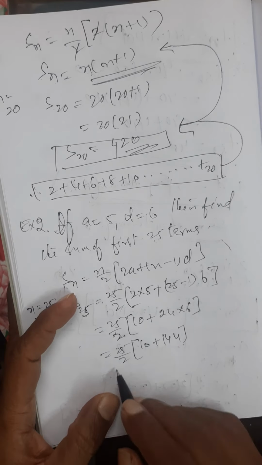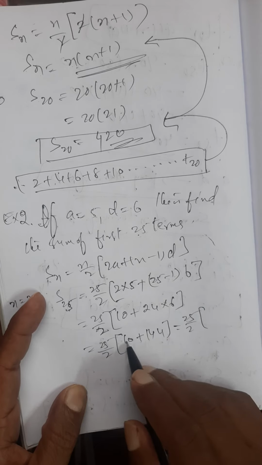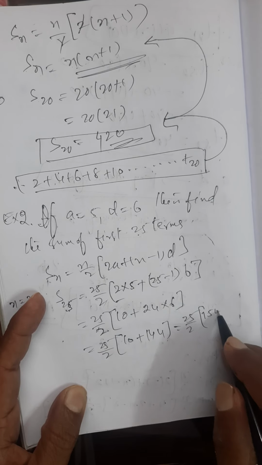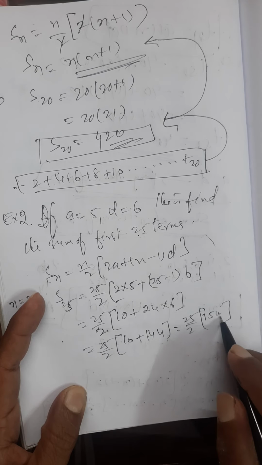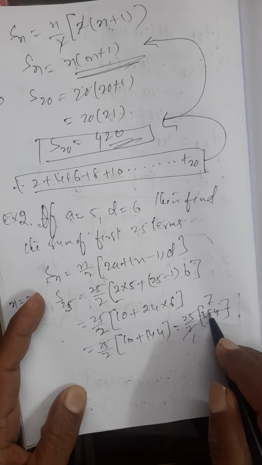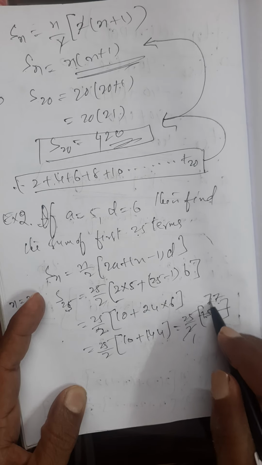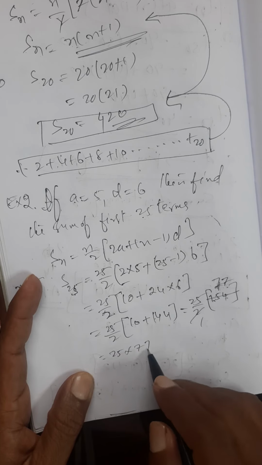So this is nothing but 25 by 2, this is 154, okay, 144 plus 10 is 154. Now it goes with 2, 2 7s are 14, so we will get 77, 25 into 77.